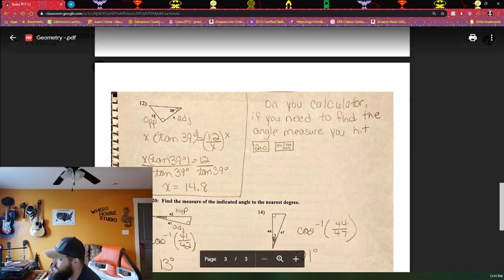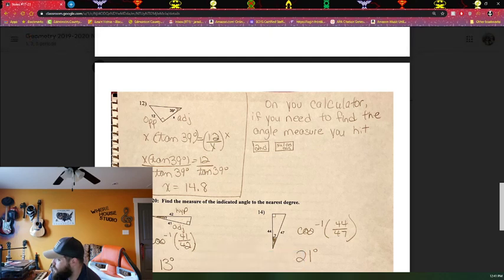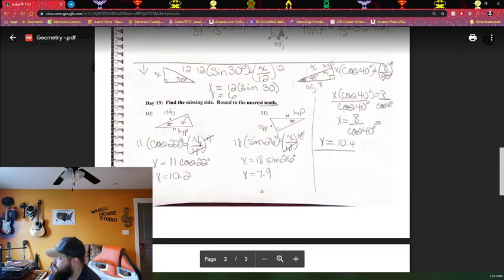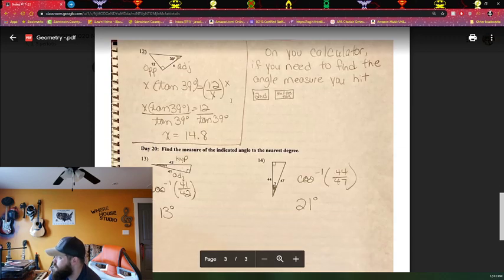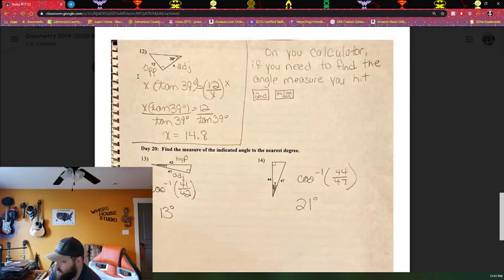What's different is our opposite is 12, so that's going to be our top number. Opposite over adjacent is x. So that gives us 12 over x, where everything that we've been doing before is x over a number. So we're going to multiply both sides by x, just like we would normally do. And that'll give us x times tangent 39 degrees equals 12.